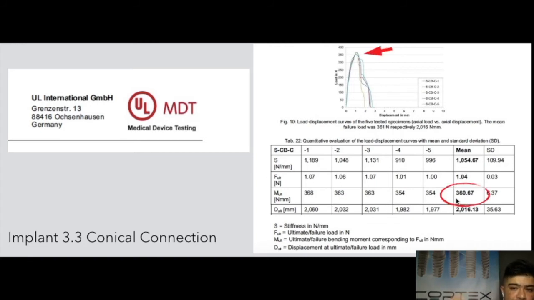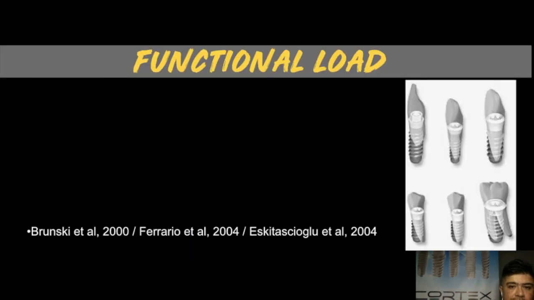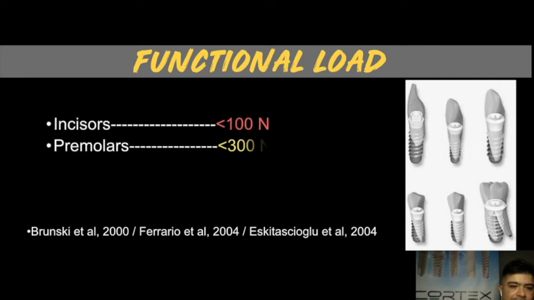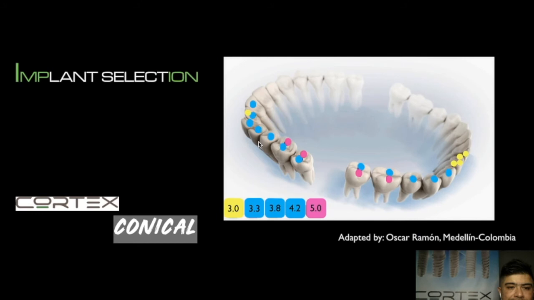When you remember the load that each group of teeth receives, you can see that you can use this implant, the 3.3, for premolars with no problem. So this implant is well indicated for incisors, the 3.3 for incisors, and also for the premolar area.